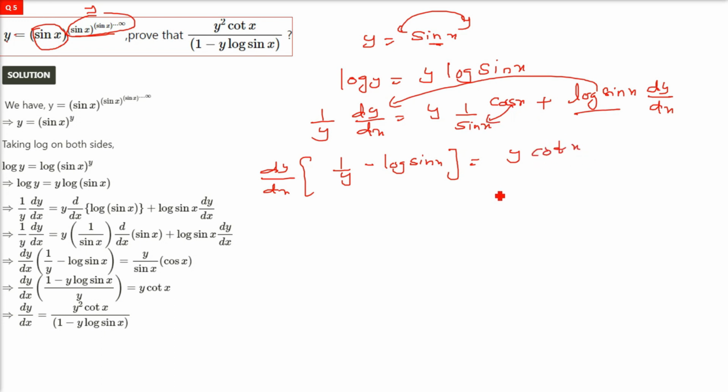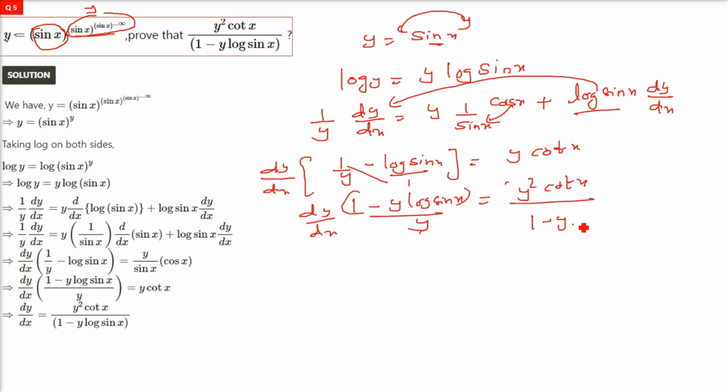Let us solve it: 1 minus y log sin x divided by y. Now just cross multiply to the right. What do you get in the numerator? y into y is y square cot x, divided by 1 minus y log sin x. Alright, this is the answer.